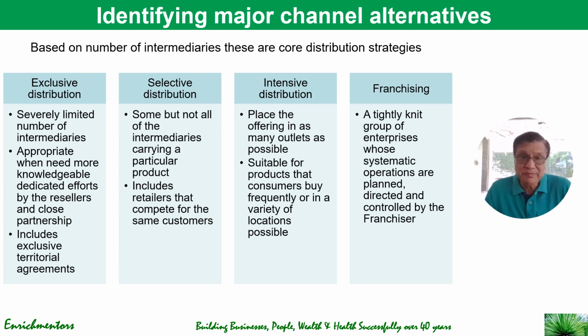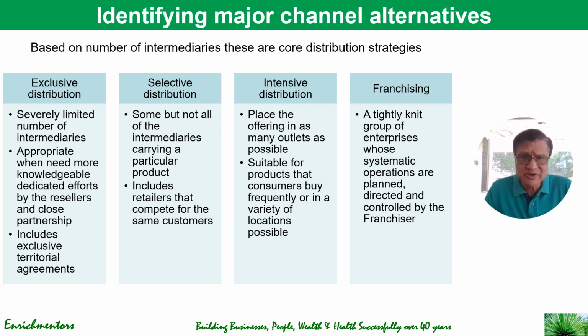Intensive distribution places an offering in as many outlets as possible. Hindustan Unilever or ITC has the widest possible distribution, following an intensive distribution strategy, and it is suitable for products that consumers buy frequently and in a variety of locations. So convenience buying requires intensive distribution.